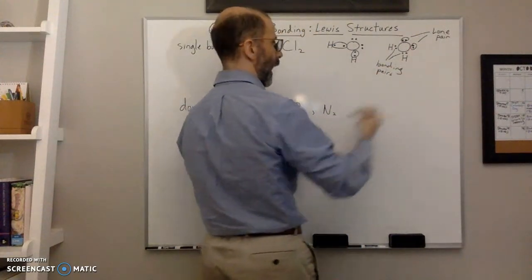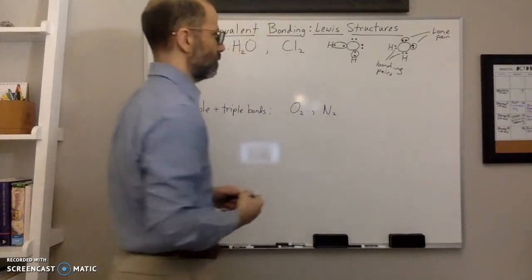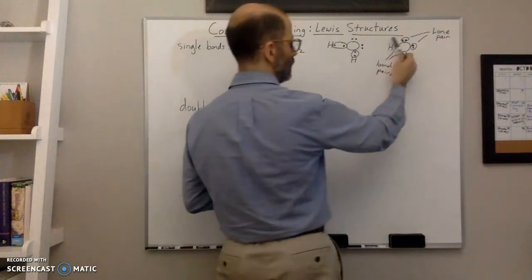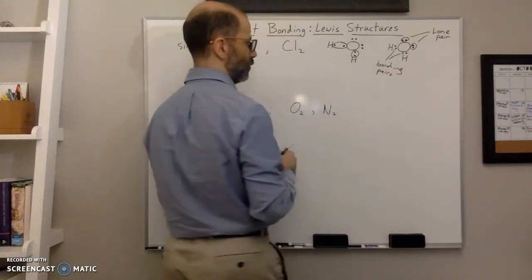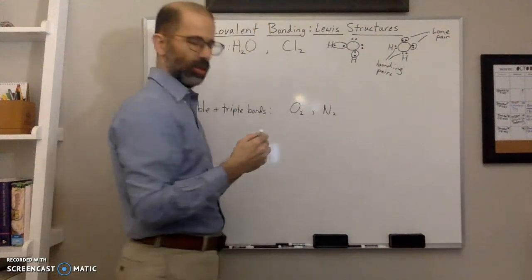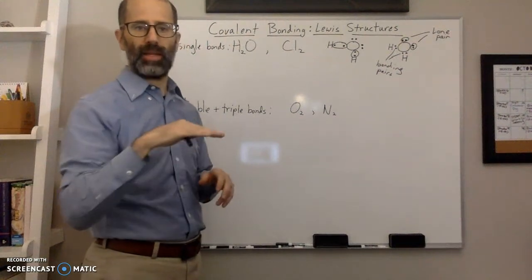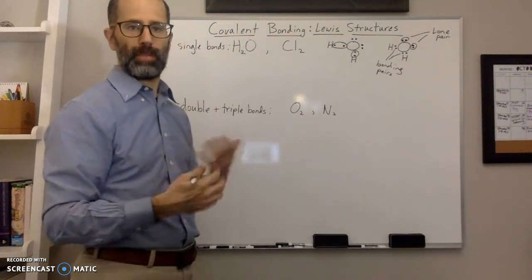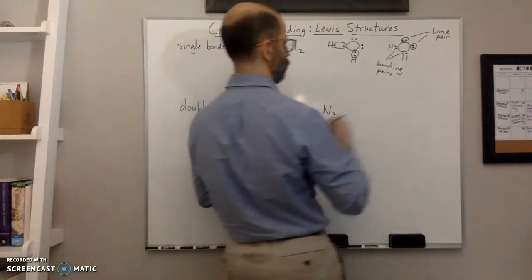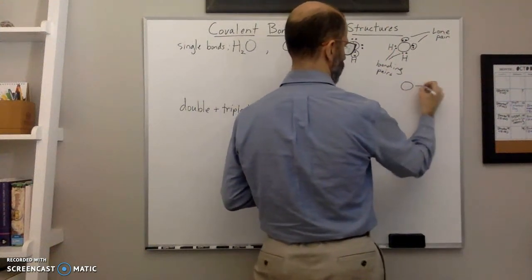So you have non-bonding pairs, or lone pairs, and you have bonding pairs. This would be the Lewis dot structure for water. Another way you can do it, the way I prefer, is to replace those 2 dots with a line. That line represents the 2 electrons. So you can write it like this.